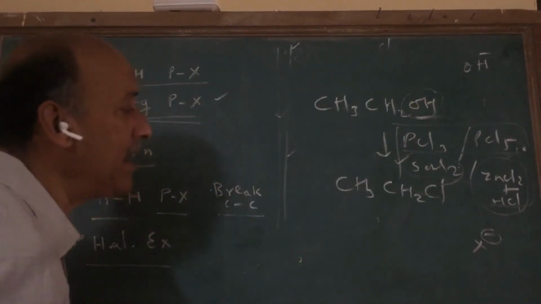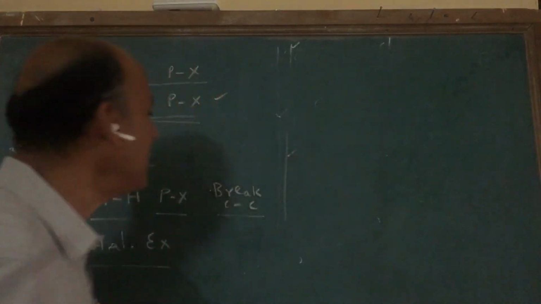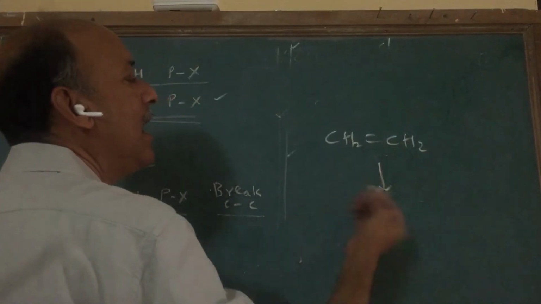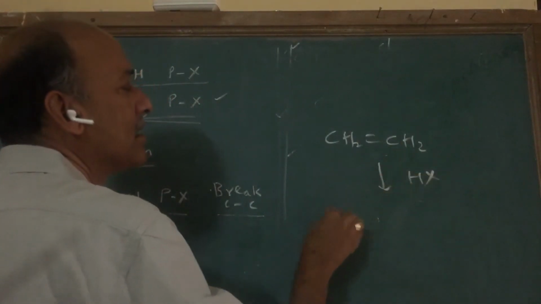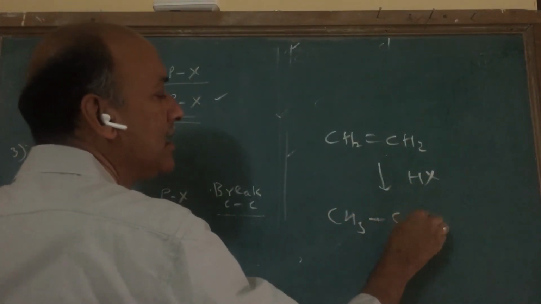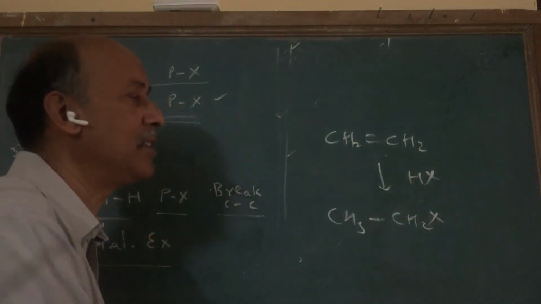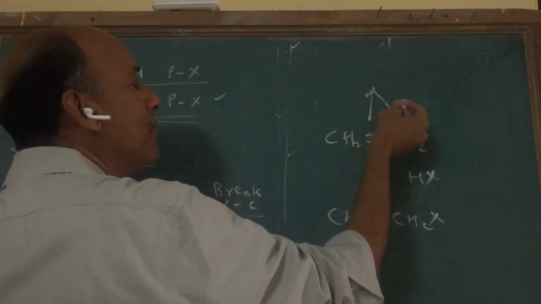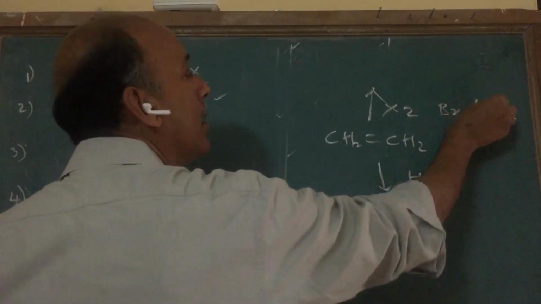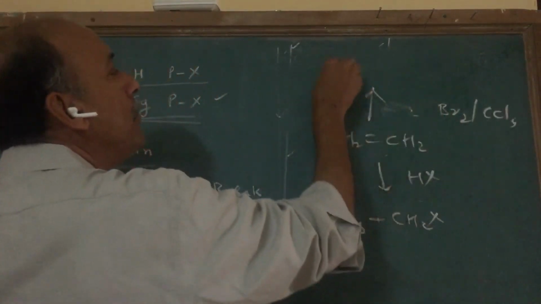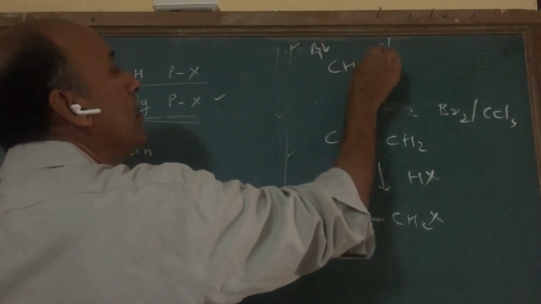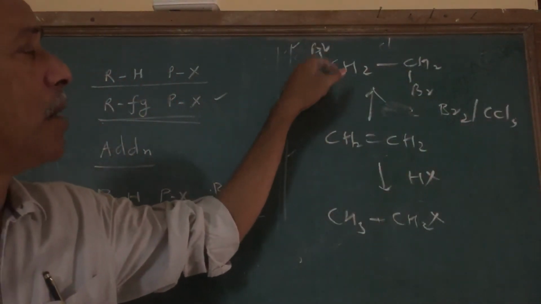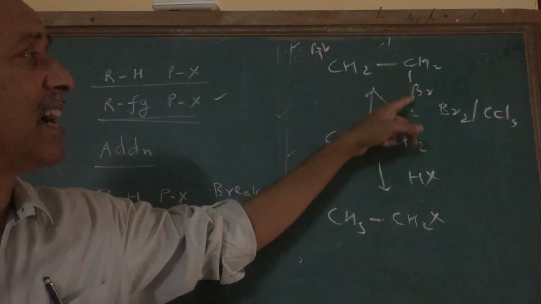Next variety is addition reactions. Addition means simply across a double bond or even a triple bond, you can add a halogen atom. You can add HX and you will get CH3CH2X. It can be HCl, HBr, HI. If you are using X2, like Br2 in carbon tetrachloride, you will get 1,2-dibromo alkane. Notice here the two Brs are added from opposite sides, hence it is called anti-addition.